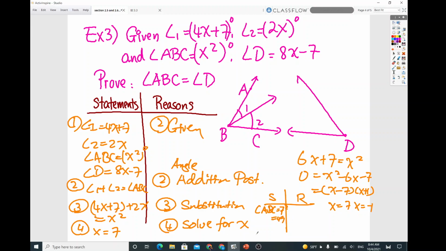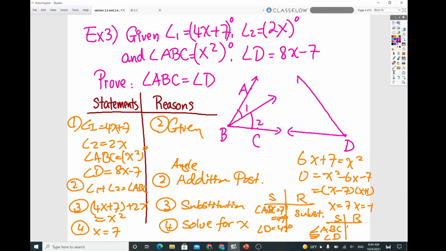Also plug it in for angle D: 8 times 7 is 56, minus 7, is 49 degrees as well. This is the substitution property of equality. Then, statement and reason: state that angle ABC is congruent to angle D.